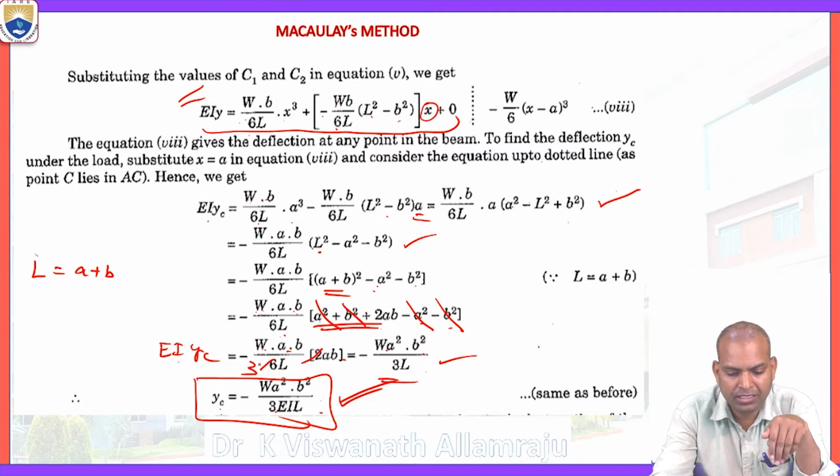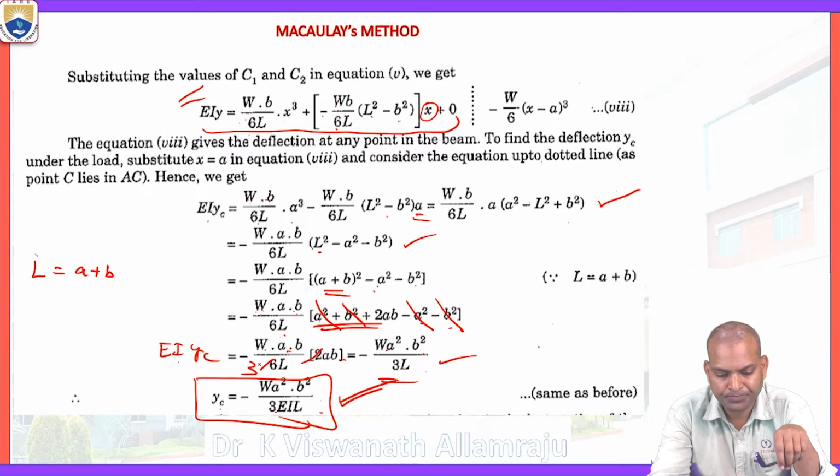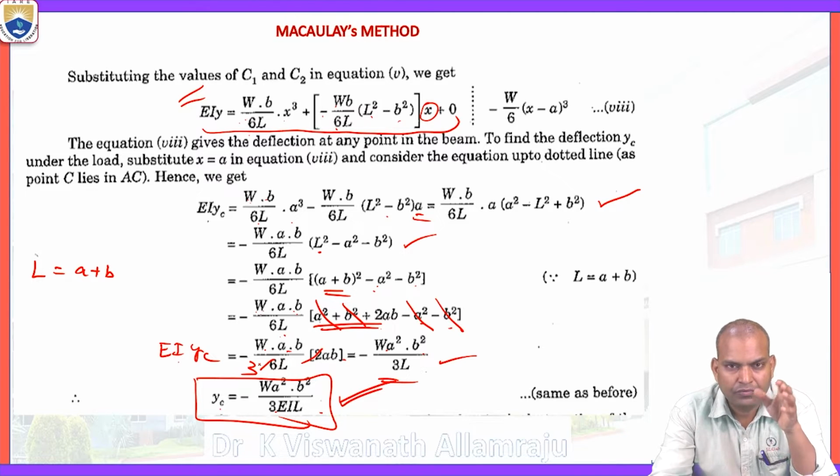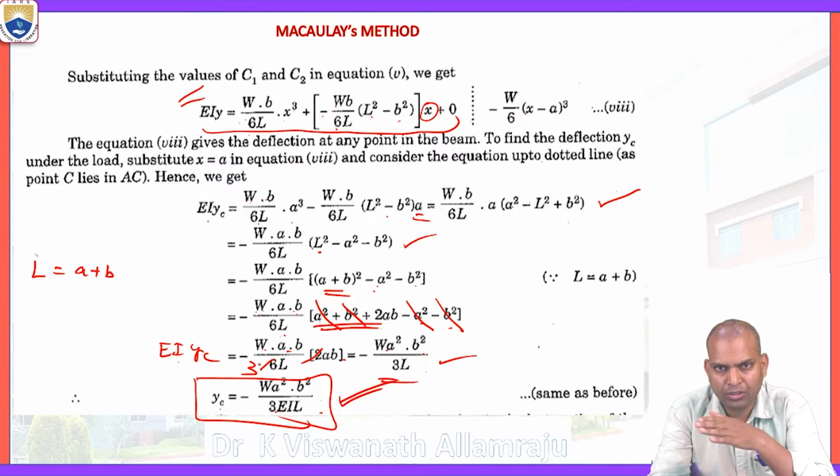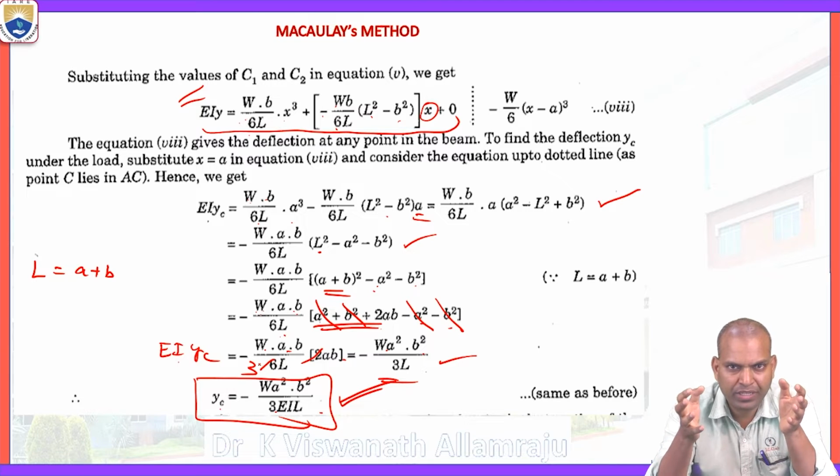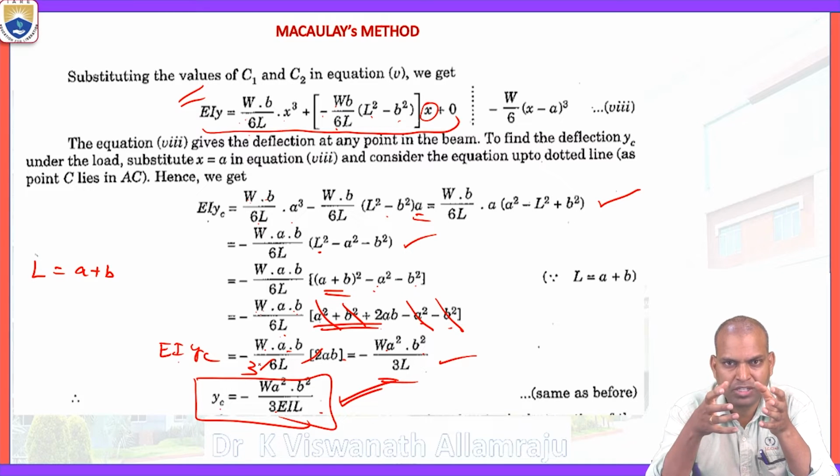The way we made it here, the Macaulay method is so simplified that we consider two parts: part one means up to the point where the load is acting, and after the load. So these two bending moment equations, we made a dotted line as a partition.